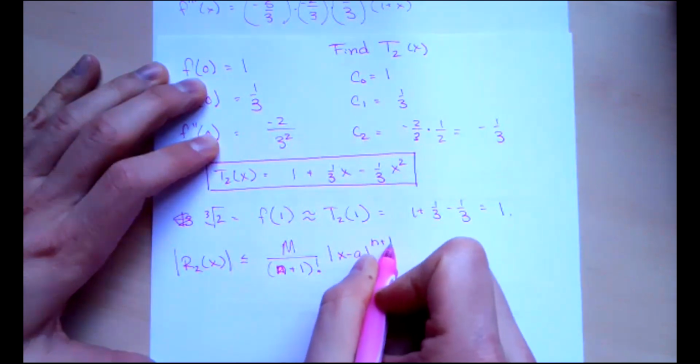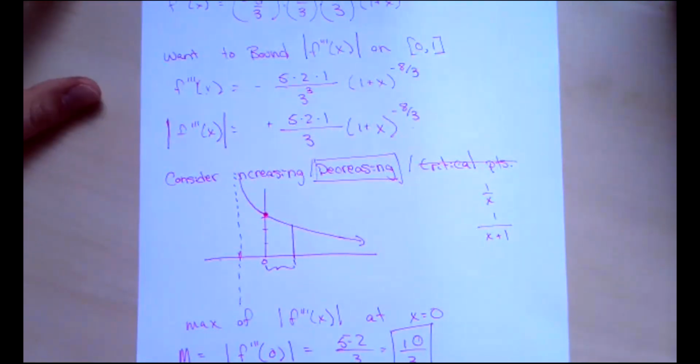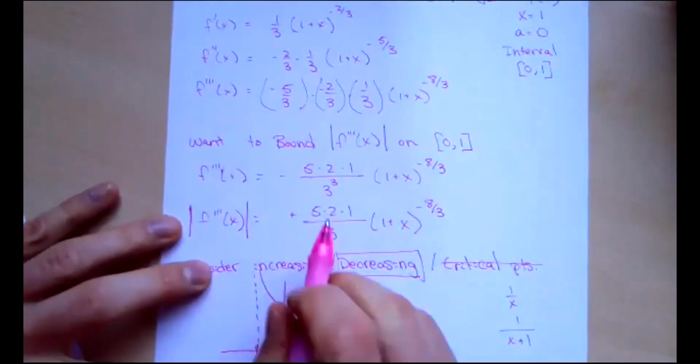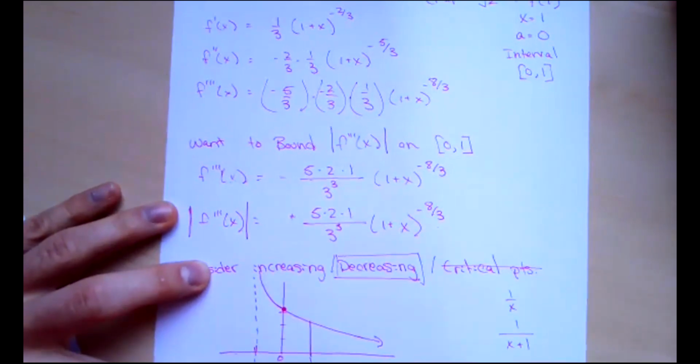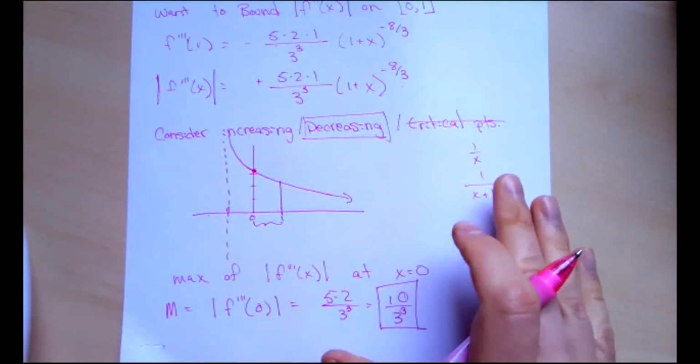As far as your m, isn't it supposed to be 10 over 27? I was just calculating it. Did I miss a factor of 3? I think you're supposed to. Oh, yeah, it's 3 cubed, I wasn't copying those. 3 cubed, yep. So 10 over 27. Thank you for that. Yeah, no problem.